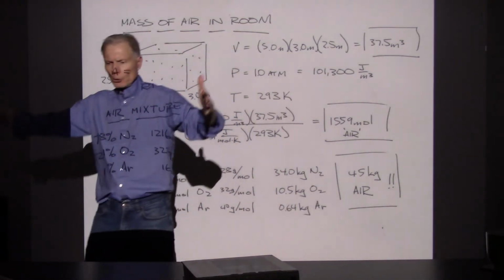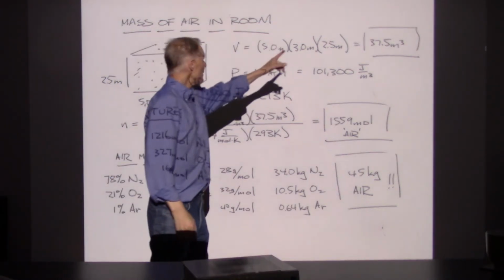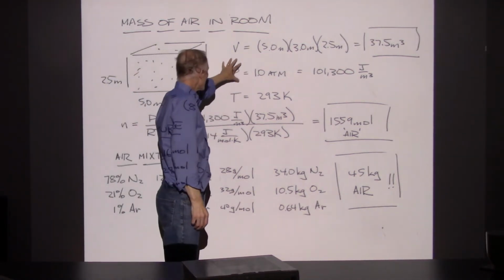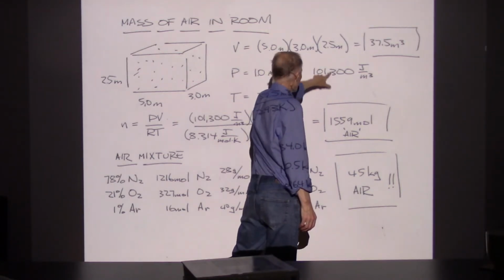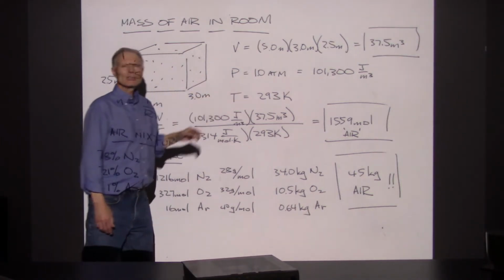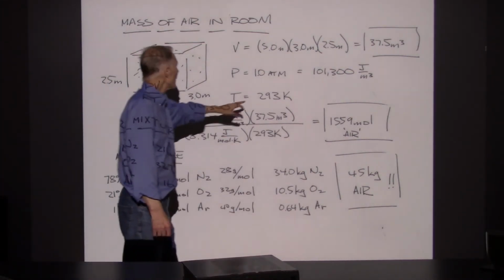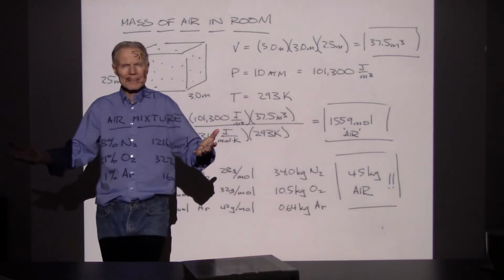Cubic meters are big. The pressure is 1 atmosphere, 101,300 joules per cubic meter. The temperature I'm going to change. I'm not using 0 Celsius. I'm bumping up the temperature to 20 Celsius, 293 Kelvin, because that's more like what it is in here.